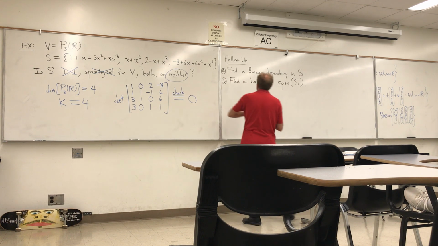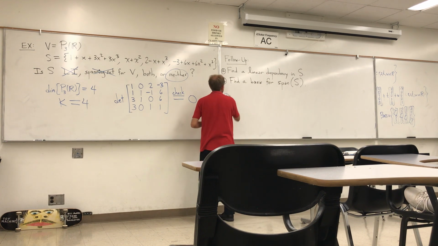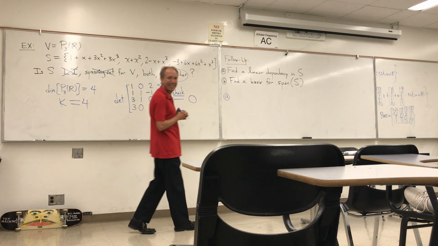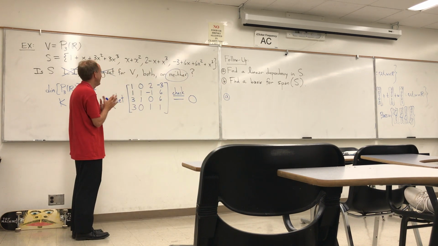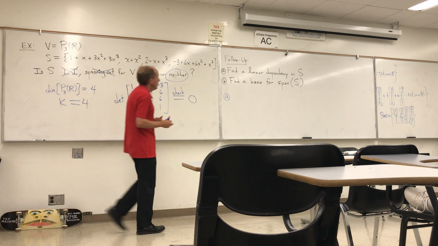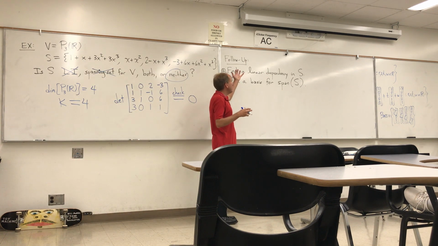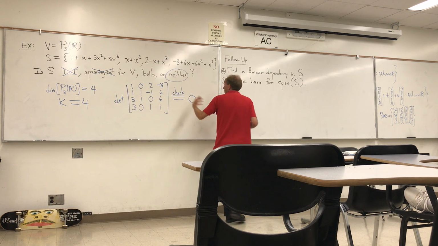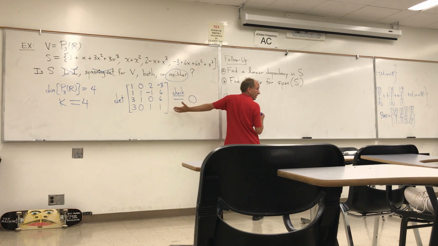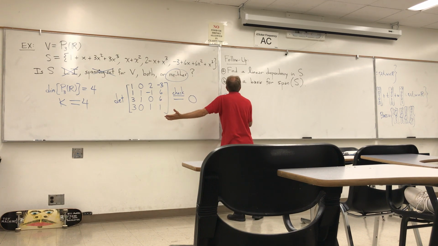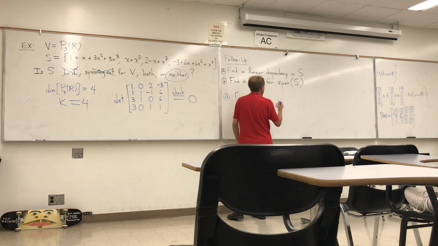How do we find a linear dependency? Let's say we didn't even know if there was one. I know we've already taken the determinant here, but let's imagine that we didn't know whether these vectors were LI or LD. What we would do is make this matrix.